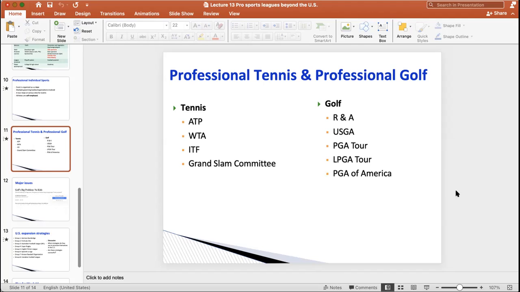Okay, so what are the benefits when the ATP and WTA merge together? We talk about revenue generation. When you have two organizations converge into one, of course you can leverage this when you negotiate the broadcasting contract and sponsorship contract. Obviously you can work together and ask for more money, right? So that's the benefit.